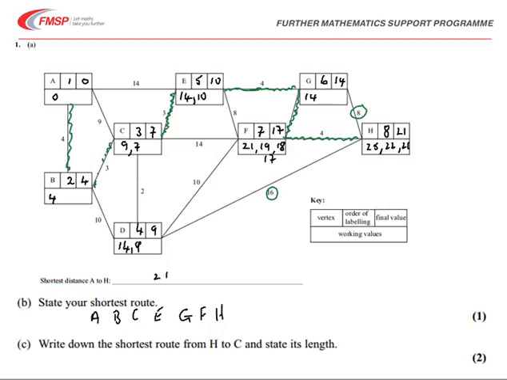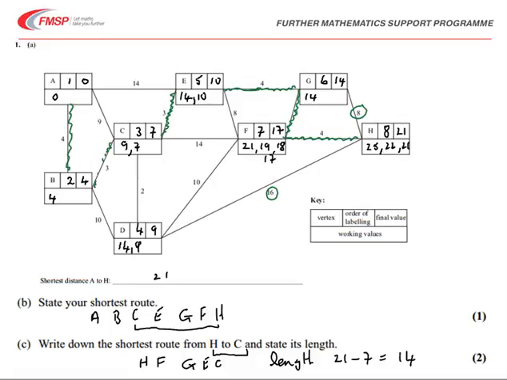Now we want us then in the final part of the question to write down the shortest route from H to C and find its length. Well, C and H are already on our shortest path from A to H. So there's something called Bellman's principle, which says that that must then be the shortest route from H to C. So our route will be H, F, G, E, C, and it will be a length of, well, we can take the value at C is 7 and the value at H is 21, so it's 21 minus 7, which is 14.